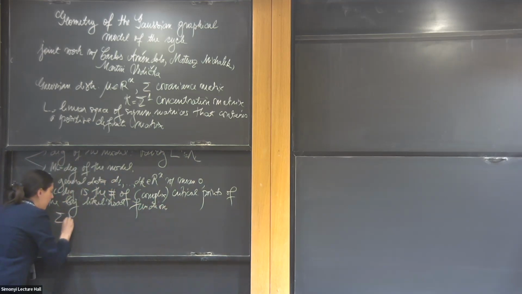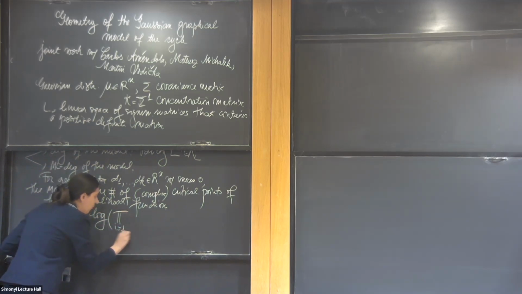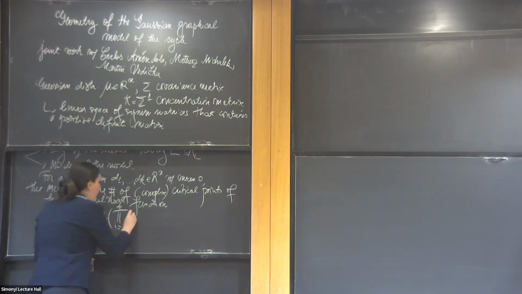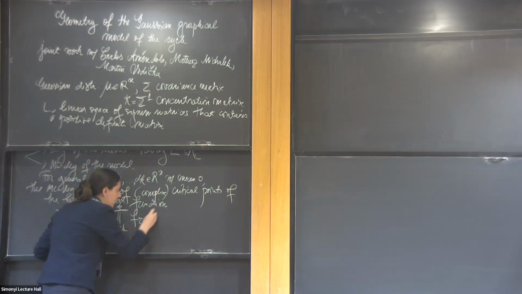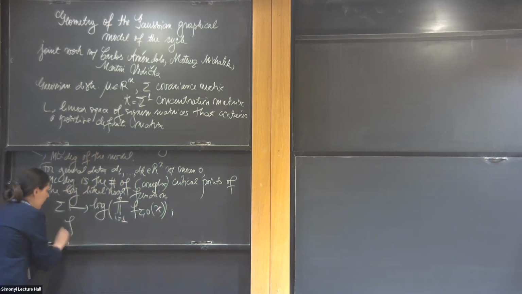So sigma goes to the log of the product from 1 to k of f sigma 0 of x. And here comes the fun.